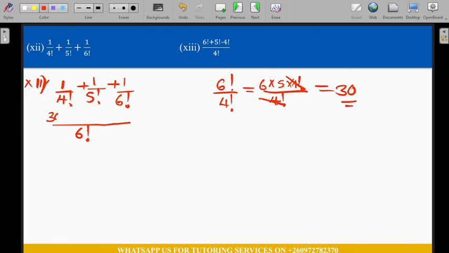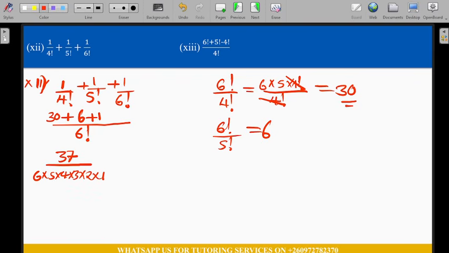So it gives 30, plus again it will be 6 factorial over 5 factorial, which gives a 6. So plus 6, plus there it will give us a 1. So we have 37 over 6 factorial. It means 6 times 5 times 4 times 3 times 2 times 1.